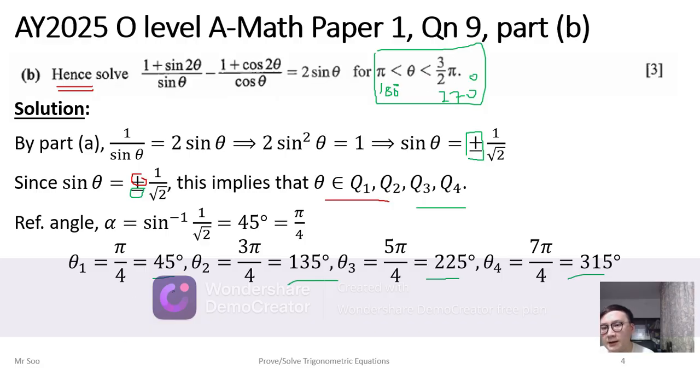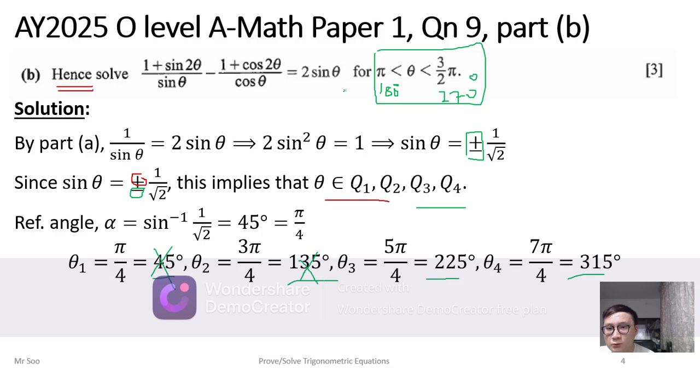Look at 45. Clearly 45 is outside of this range, because 45 is not bigger than 180. So this one cannot be the answer. Neither can quadrant 2, because 135 is also out of this range. 135 is not bigger than 180.